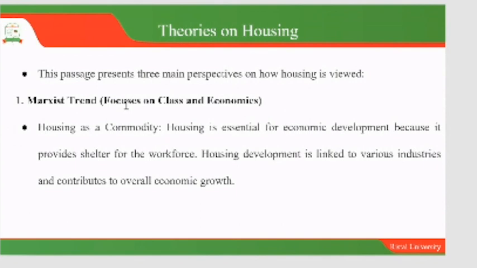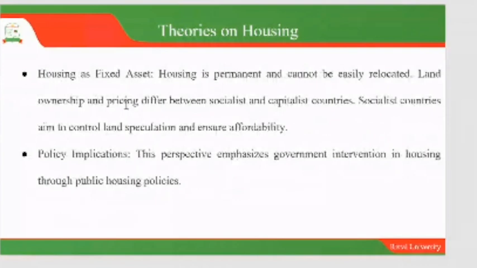It assumes that housing is a commodity, and therefore housing is an essential commodity for economic development, because it provides shelter for the workforce. Housing development is linked to various industries and contributes to the overall economic growth. It also believes that housing is a fixed asset, and housing is permanent and cannot be easily relocated.